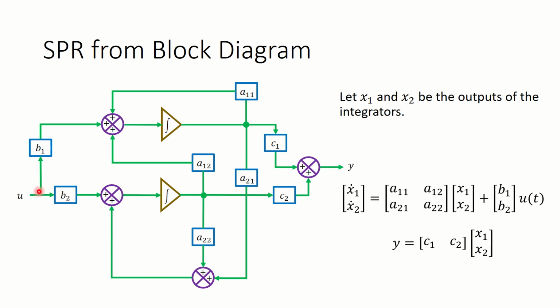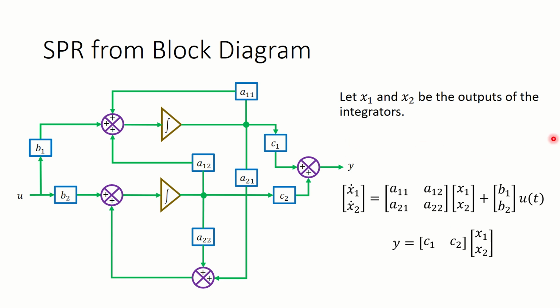Another signal u coming through b1, plus b1 u. Done. In the first step you can write down the equations separately, and in the next step write them in matrix form. For your own practice, first write down the equations separately.